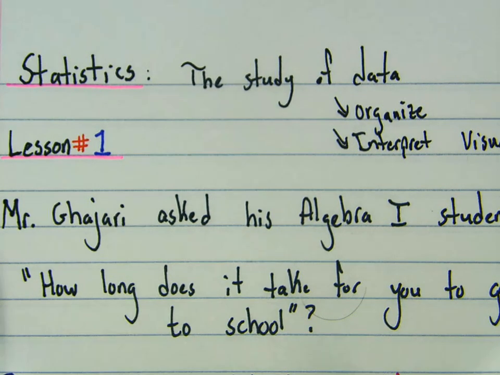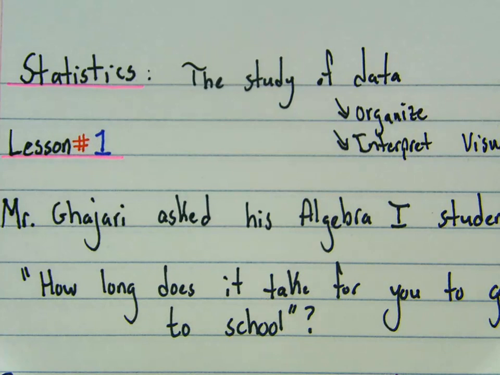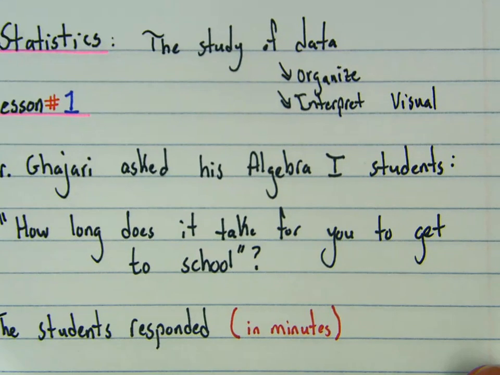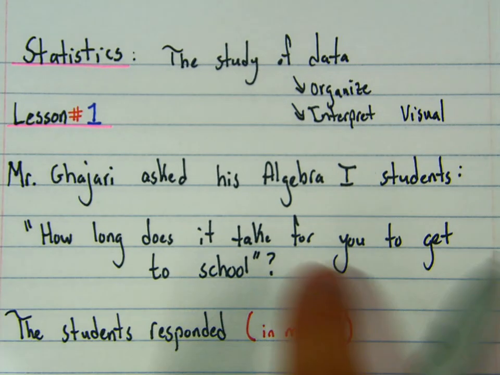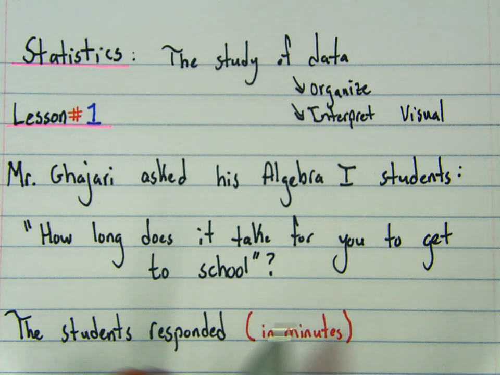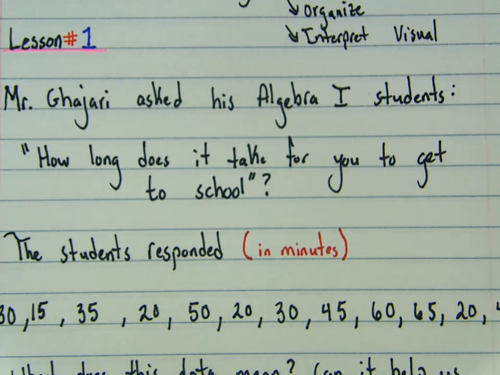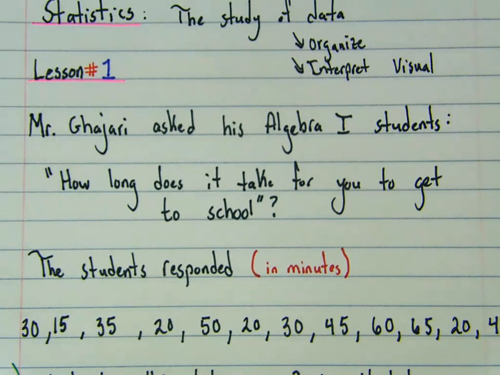Okay, so here what Mr. Gajari did was he asked some Algebra 1 students, hey, how long does it take for you to get to school? That was the question he asked, and the students responded in minutes, and here were the data values. These are what some of the students responded with.